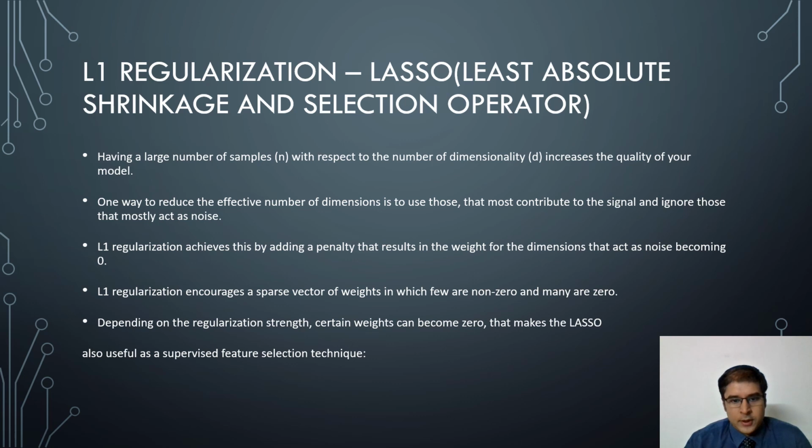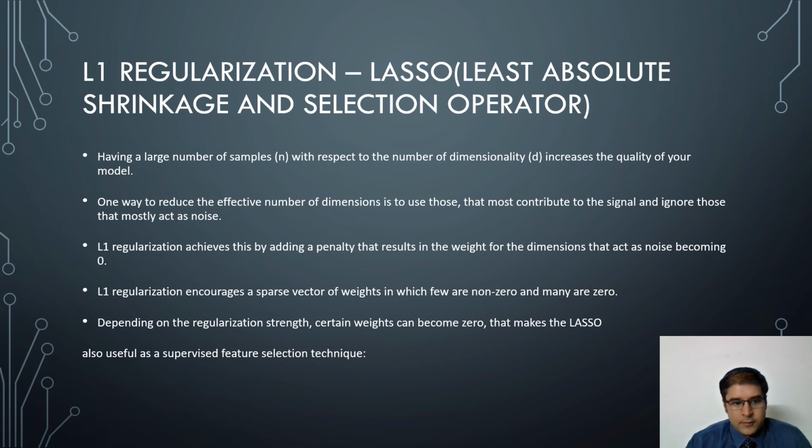After reducing the dimensions, we select those that don't act as noise mostly, and we drop those that mostly act as noise. L1 regularization achieves this by adding a penalty that results in the weight for the dimensions that act as noise becoming 0. So for those dimensions that act as noise, it equates them to 0.